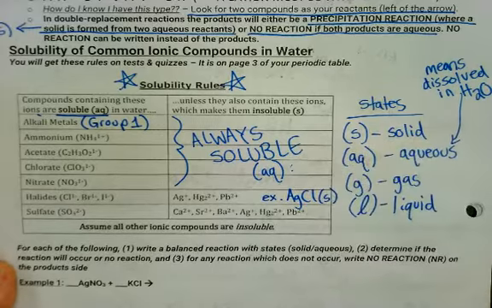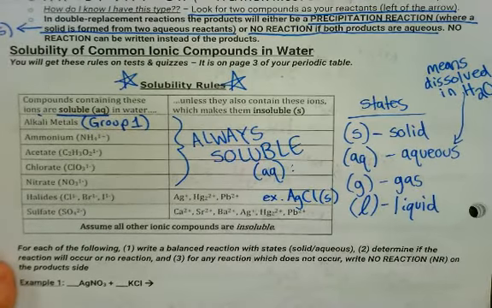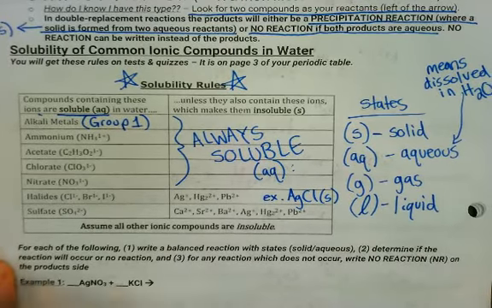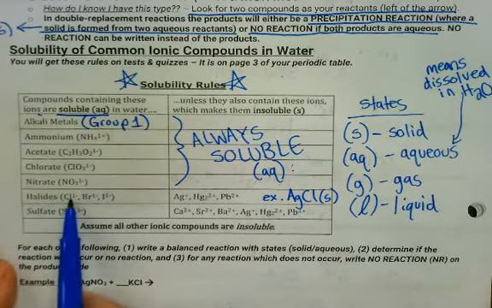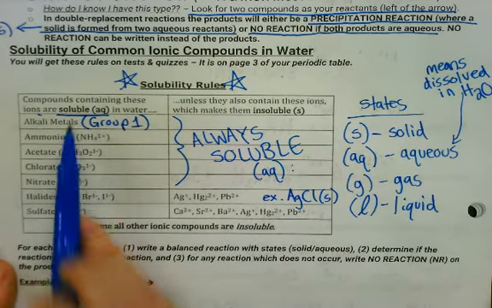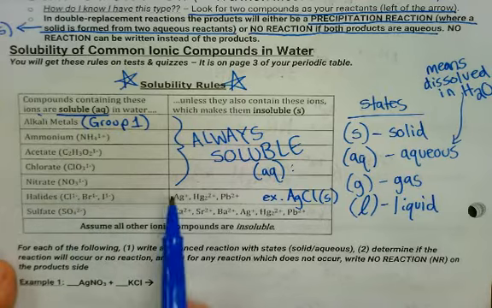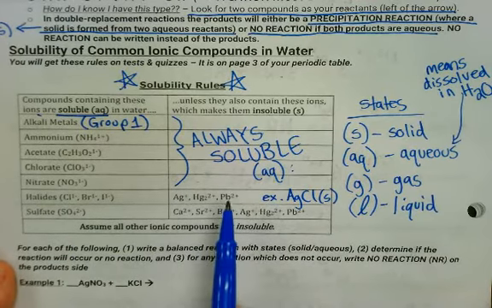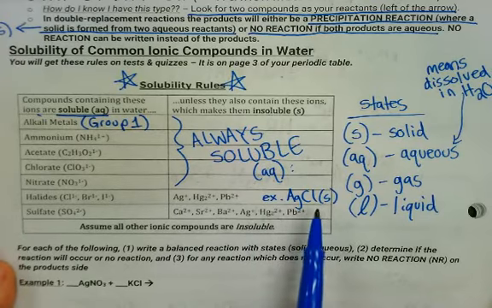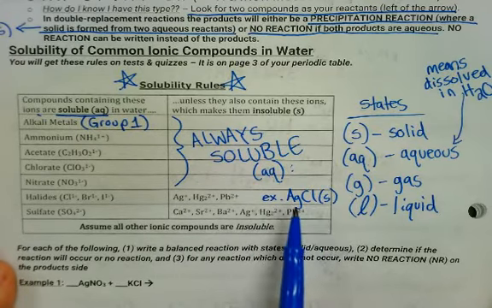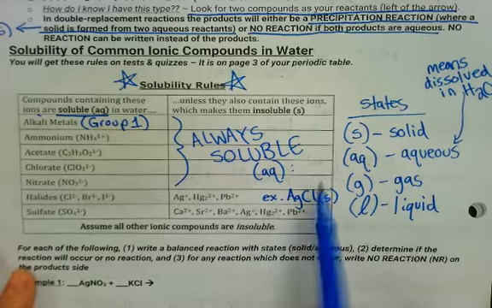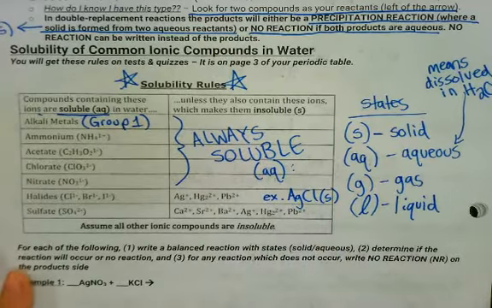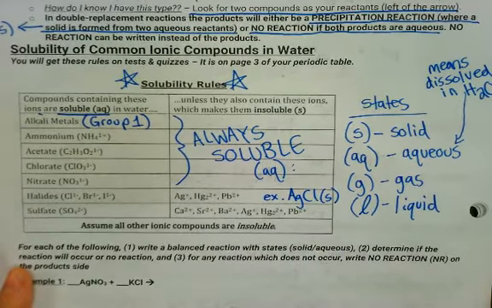we are going to predict that this is going to be insoluble in water, because compounds that contain chlorine are soluble in water unless chlorine is partnered up with silver, mercury, or lead. So if I see silver, mercury, or lead with my chlorine, bromine, or iodine, I need to make sure I include that solid state symbol because it's going to be insoluble in water.